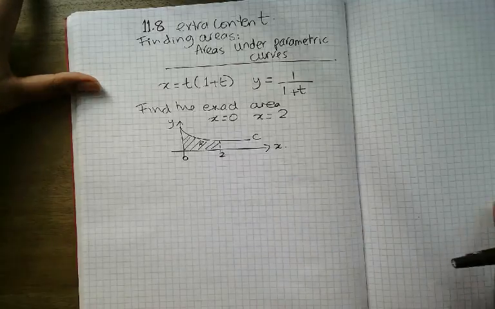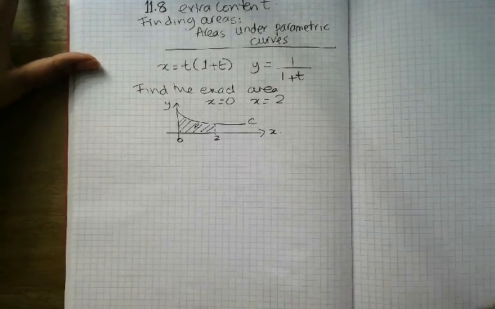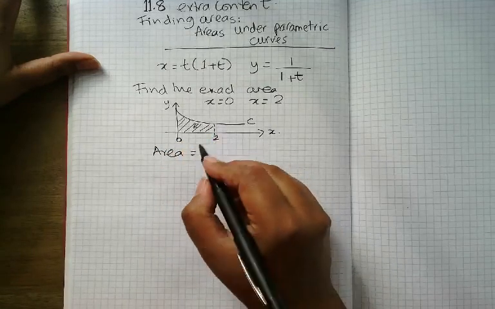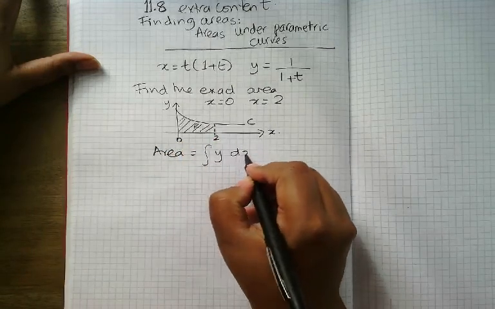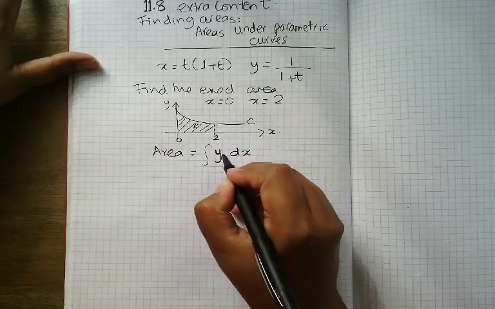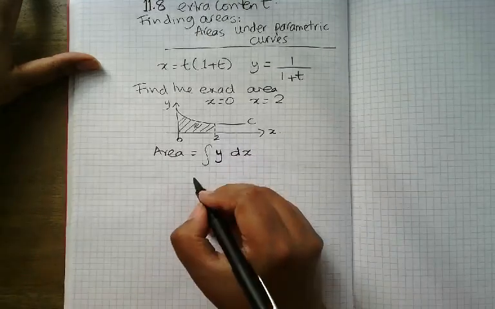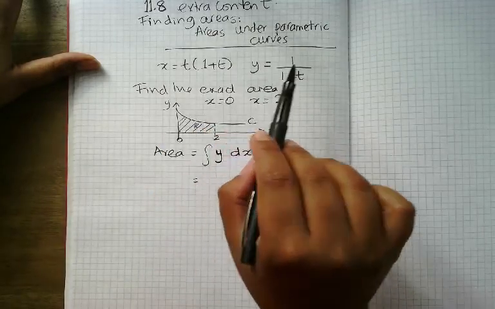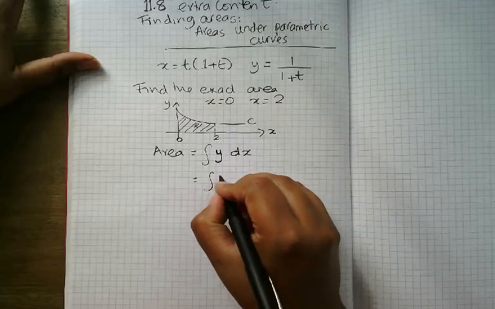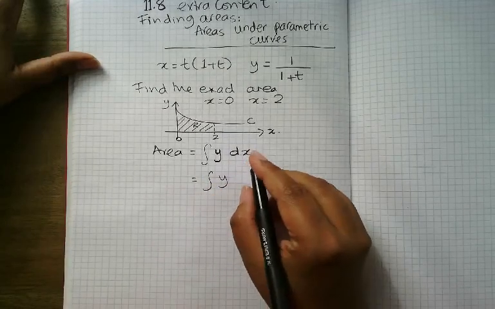So what I am going to do is use the formula for area under curves, which is that we integrate the y function with respect to x. Problem here is I don't have a y function with respect to x. So I am actually going to use my chain rule.